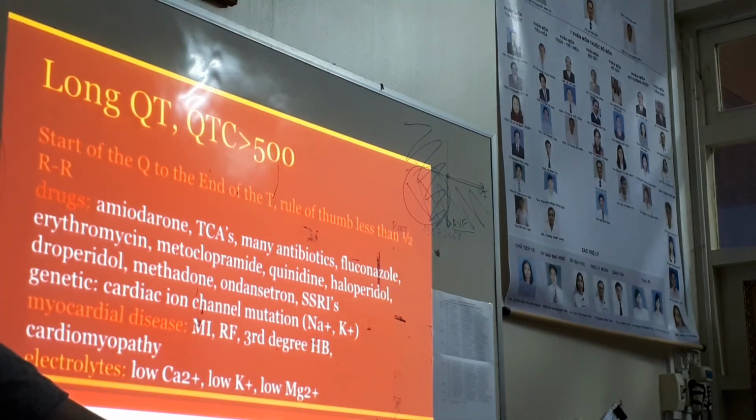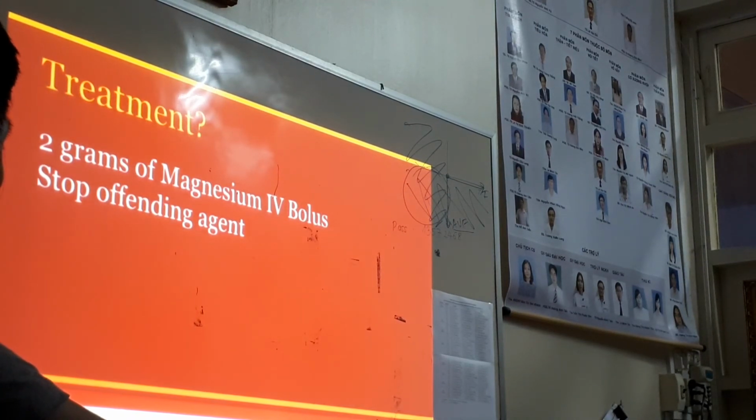You can. So you're going to need to order a magnesium level. Anybody who comes into the emergency department with a cardiac problem, you should check magnesium. Anytime you want to replace potassium, you have to replace magnesium with it, otherwise the potassium won't be absorbed. So treatment is magnesium and stop the offending agent.